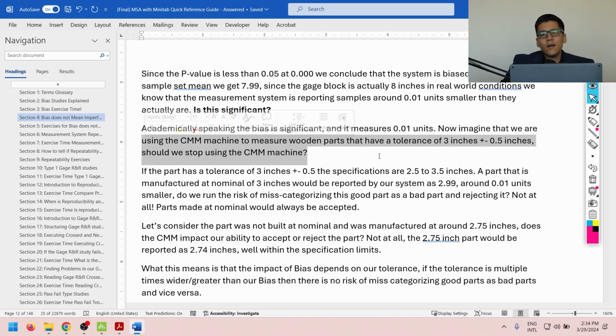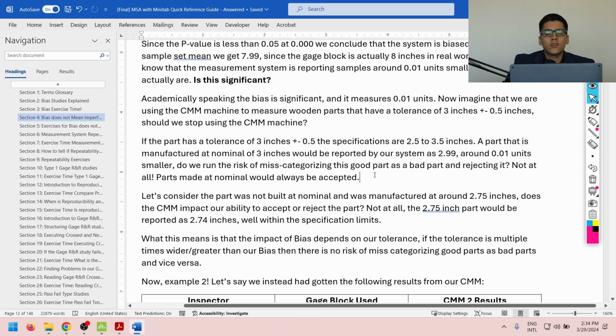At that point, having a system that is biased 0.01 isn't really that significant, okay? The fact that my system is biased toward reporting parts as being smaller than they are is not going to be the difference between accepting or rejecting a part. Parts will either be accepted because they're within spec or they'll be rejected because they're out of spec. But the bias is not going to cause people to start to second guess whether they should accept or reject the parts.